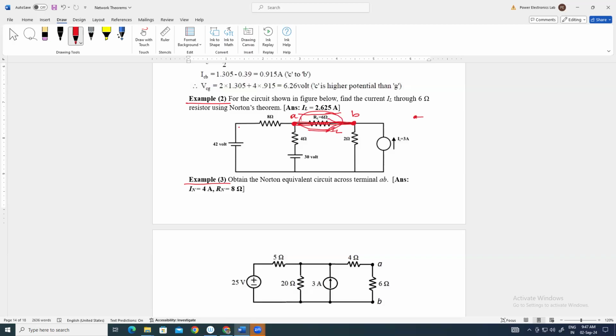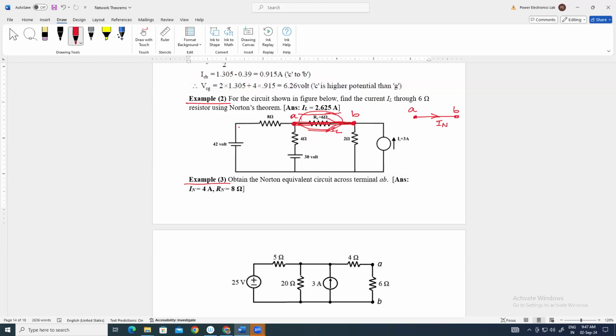That means first we will remove the element connected between the terminals AB, and then we will make a short circuit by simply connecting a wire between these two terminals. And we will calculate the Norton current flowing through this wire. Okay. And the current direction, we have assumed that the current is flowing from A to B. Clear?